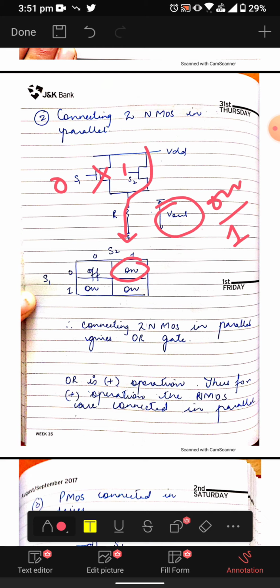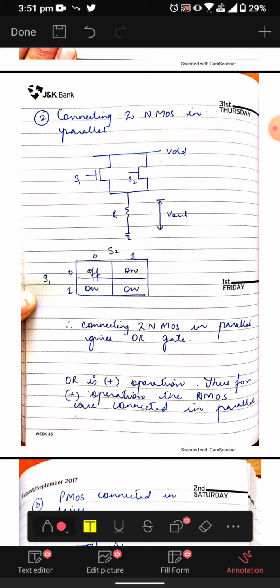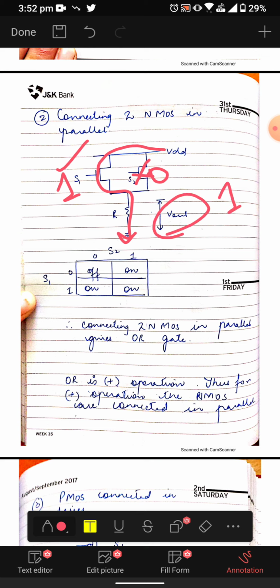That is what I have shown over here. Fine. Let's do the reverse. Let's give the input to S1 as 1 and the input to S2 as 0. Here S2 will be cut off, but S1 will be on, and VDD will be connected to the Vout terminal through transistor S1. So what will we get at output? We'll get a logic level 1, or it will be on.